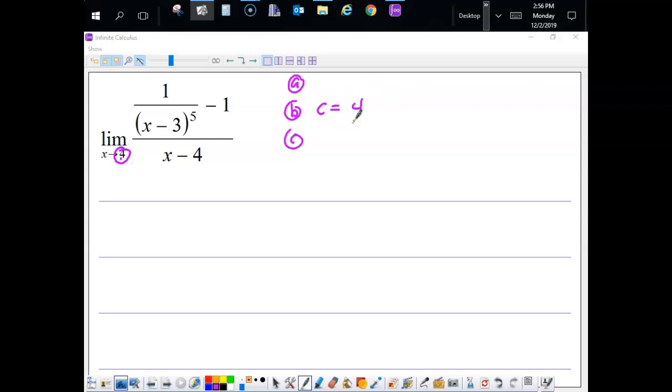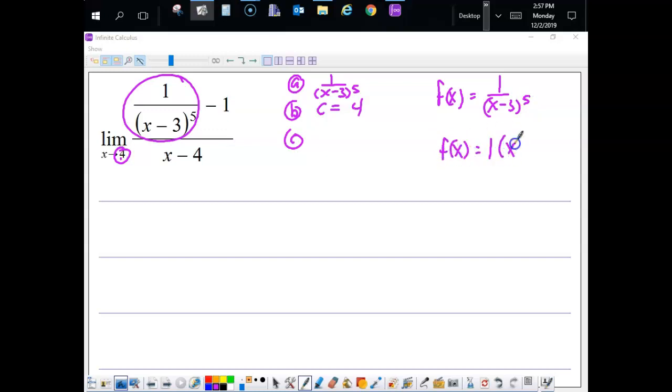Okay, the function is always going to be the first part of the expression. And then we want to find out, so what is f prime of 4 then? So we know our function is 1 over (x minus 3) to the 5th. That means that f of x is equal to (x minus 3) to the negative 5th, right?